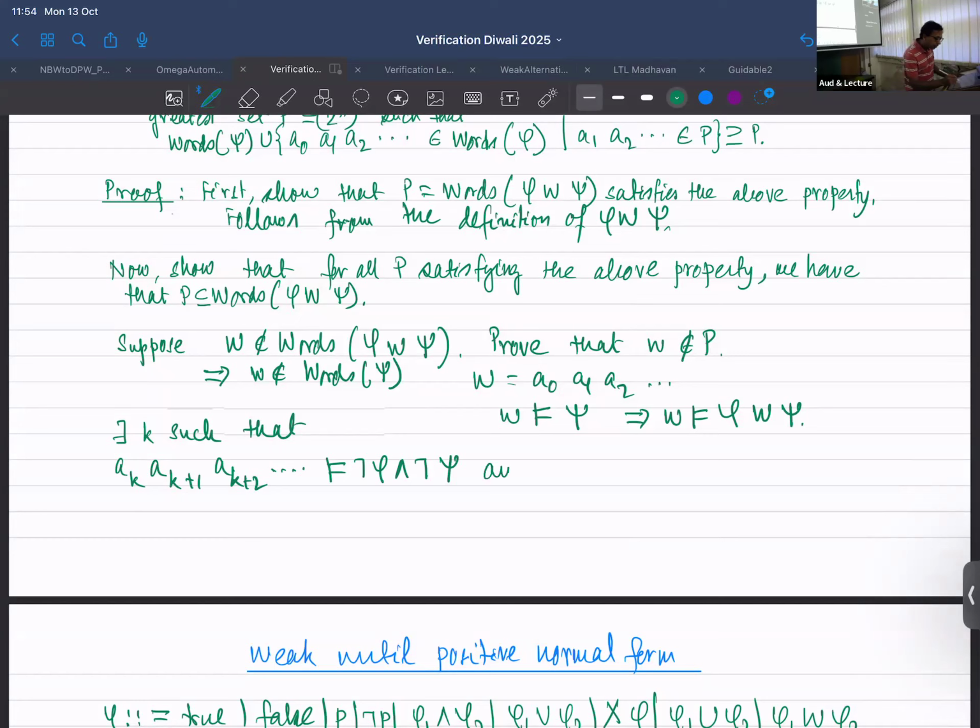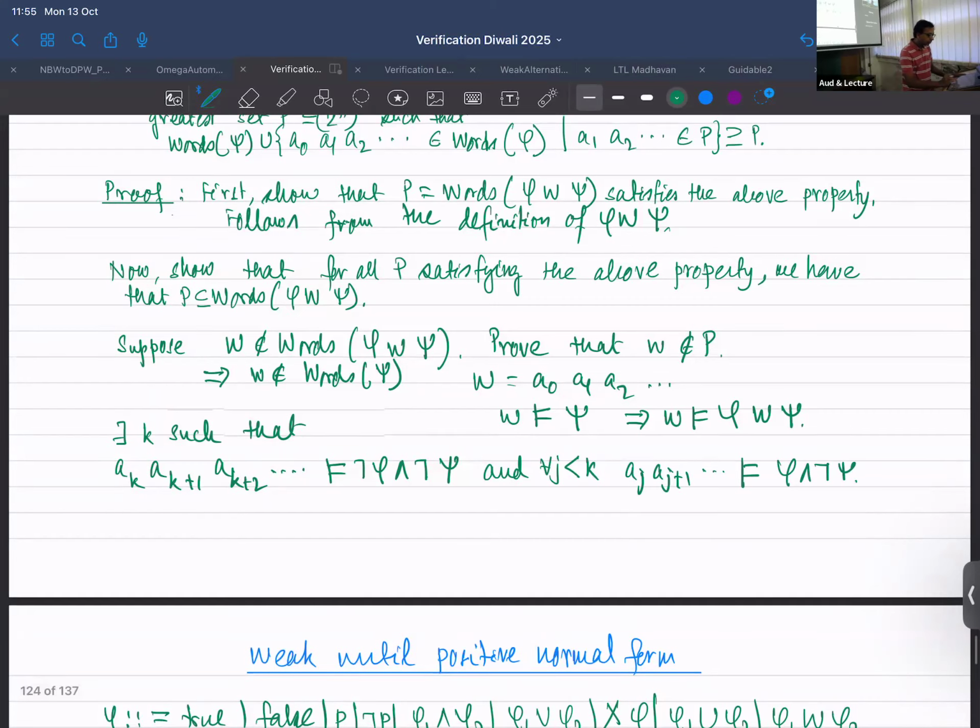And for all j less than k, phi holds true but psi is not holding. So there will exist such a k where phi ceases to hold and psi is also not holding, and for all the j before k, phi holds true and not psi.